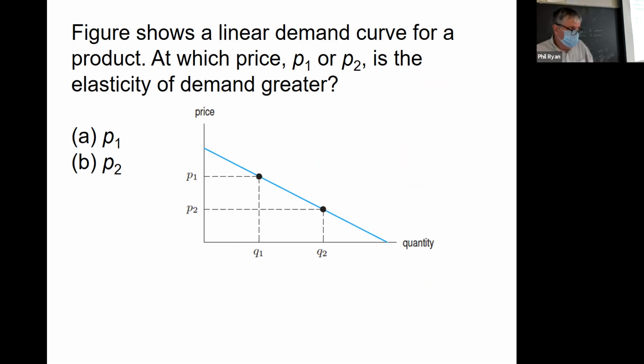Hannah. Okay. You've got a choice of two. We've got a linear demand curve. At which price is the elasticity going to be greater? At the higher price or the lower price?